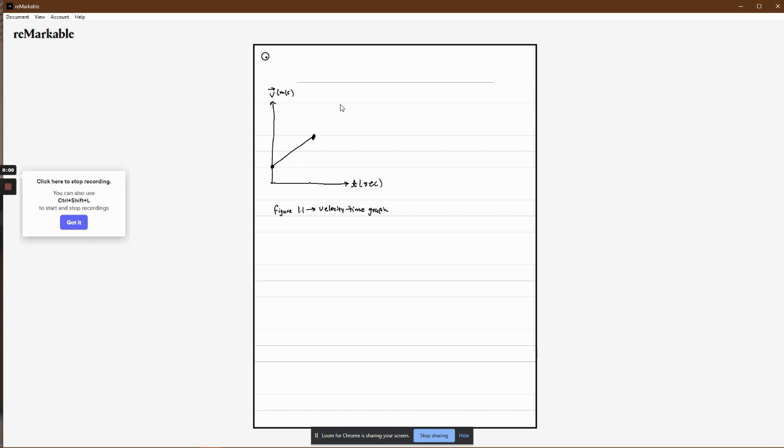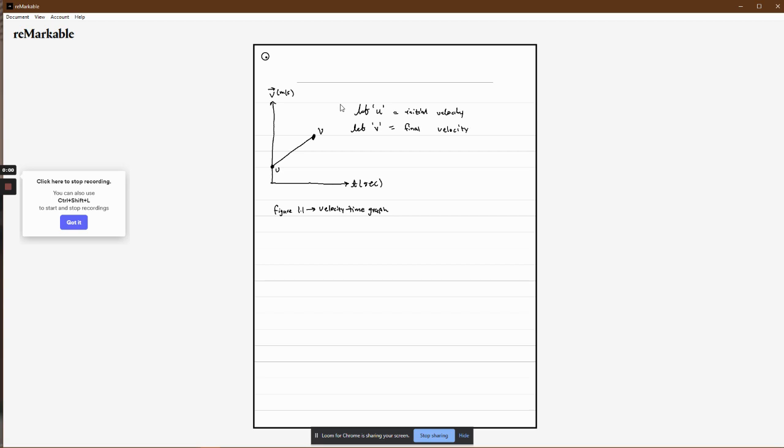So let this point over here equal to v, and let this point over here equal to u. Let u equal the initial velocity, and we let v equal the final velocity.